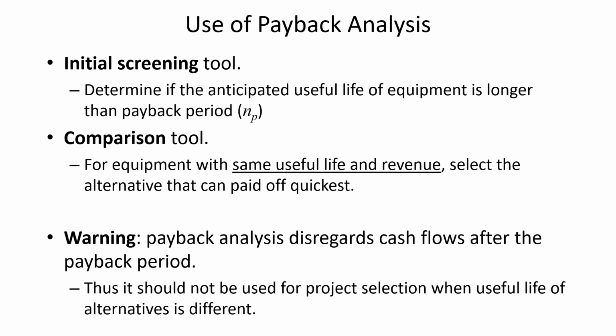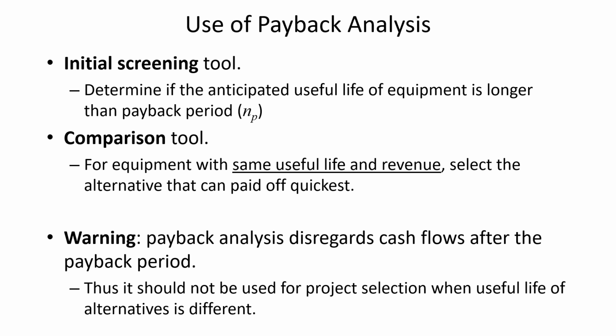So that's one aspect: if they have different useful lives, payback period won't be sensitive to that, and it wouldn't point you towards the alternative that is the most profitable. And then it's also possible that the cheaper equipment, which was paid off more quickly, may have increasing operating costs in the later portion of its useful life.